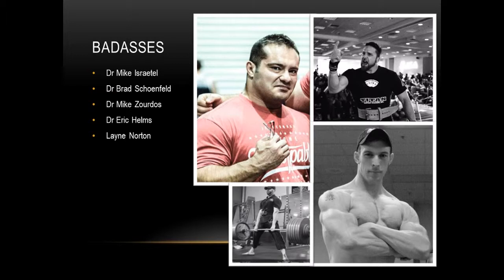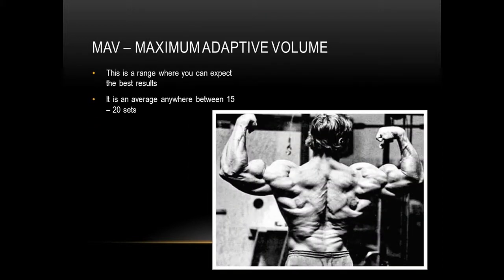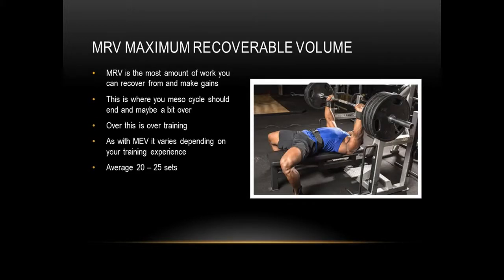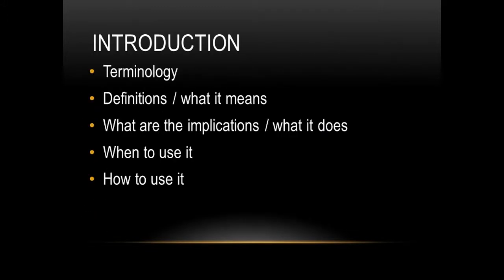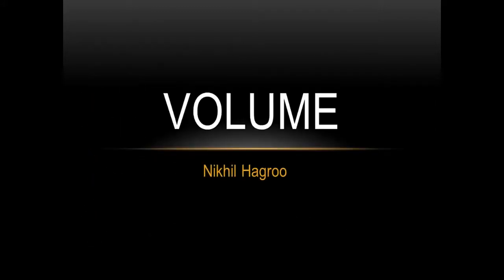Now, if you want to know more about this or more specific training, remember, everything I went through in this video is just averages. 15 to 20 sets, that's an average. 20 to 25 sets, that's an average. All of these numbers that I give here are averages. So if you want personalized training where you have a personal coach to tell you your MRV is 26, that's a little bit higher than the average, there are people who can handle 26.